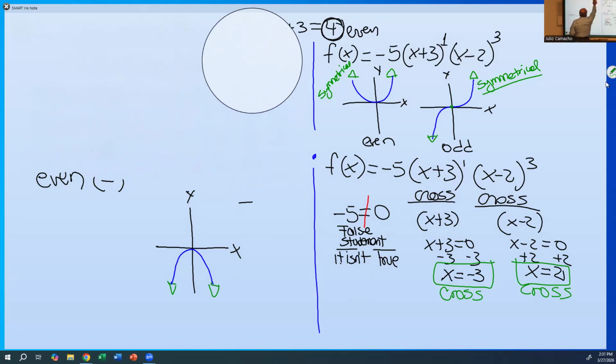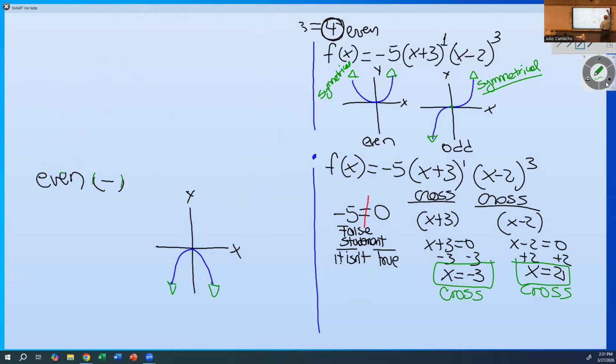We put here even. So we already found out what will happen with this graph.